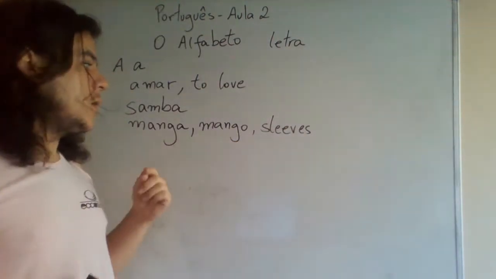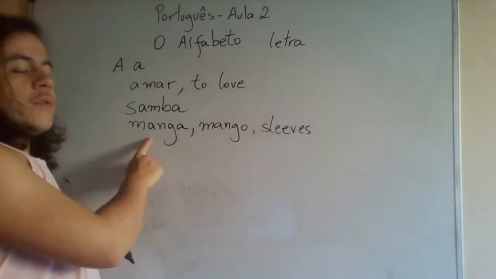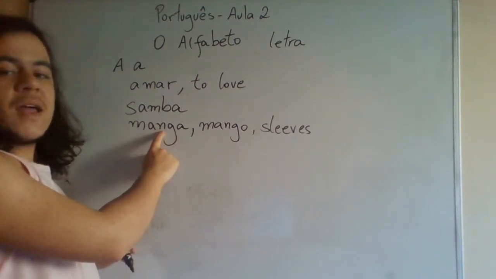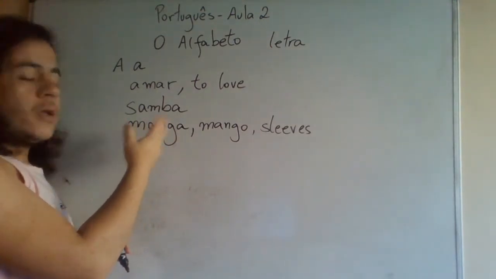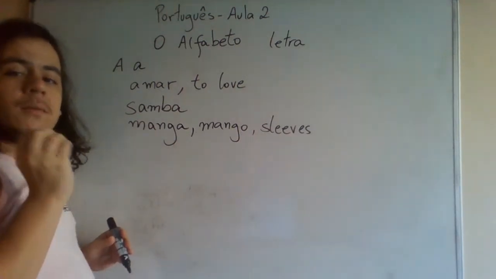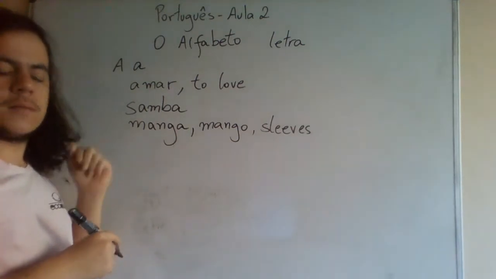Sleeves can also be manga in Portuguese. So here we have letter A before letter N, and they are in the same syllable. So we have the nasal sound, manga, samba, manga.